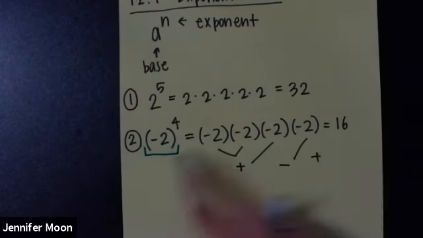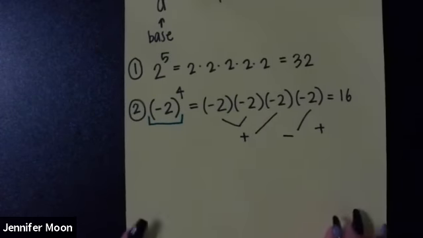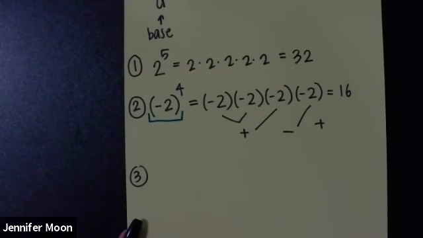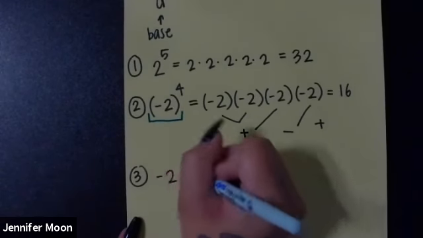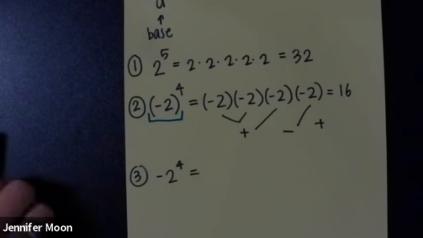I'm showing it to you like this because I really want you to see how the homework will try to confuse you. Go ahead and write -2 to the 4th again, but don't use parentheses. Just do -2 to the 4th power. Literally, parentheses can make or break an answer, okay?